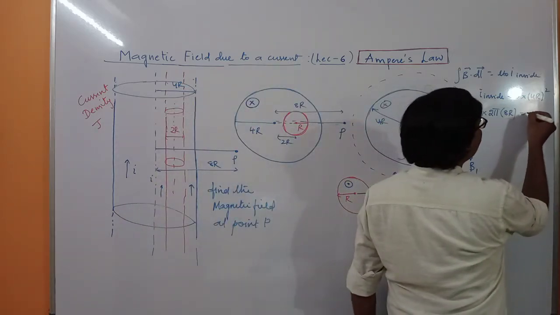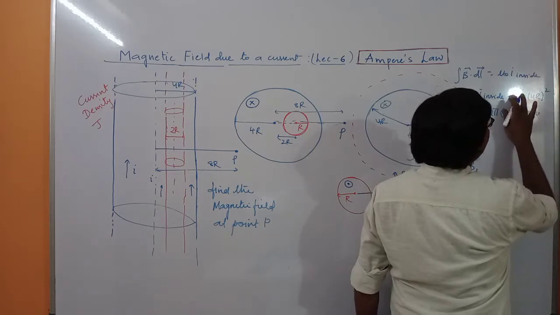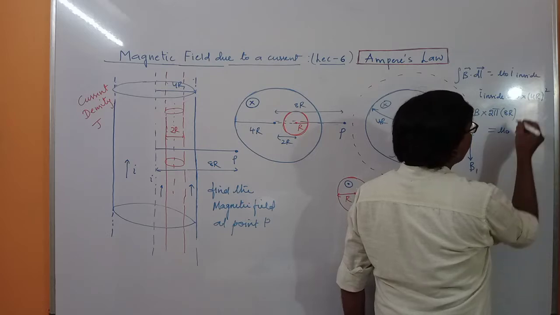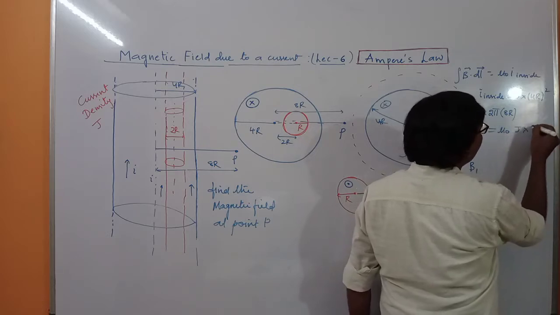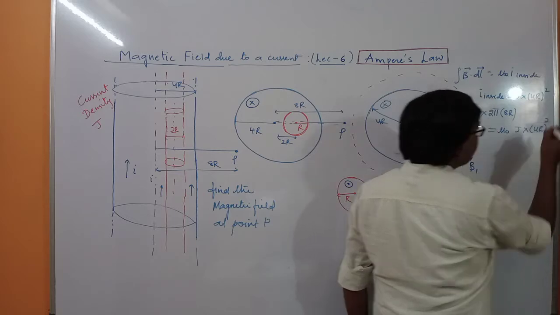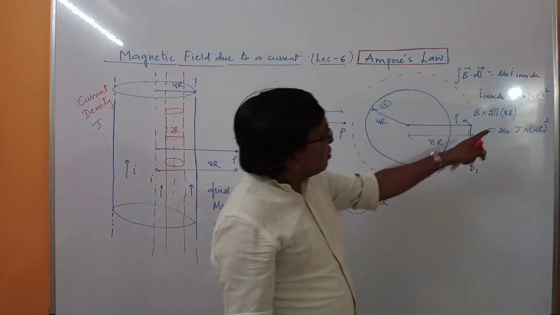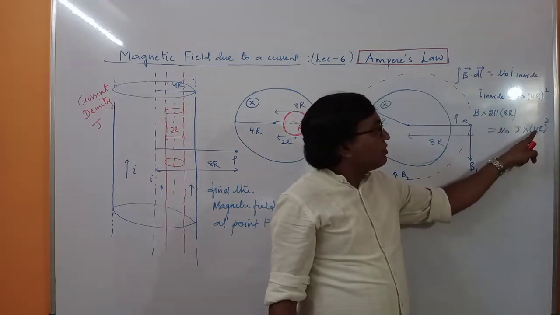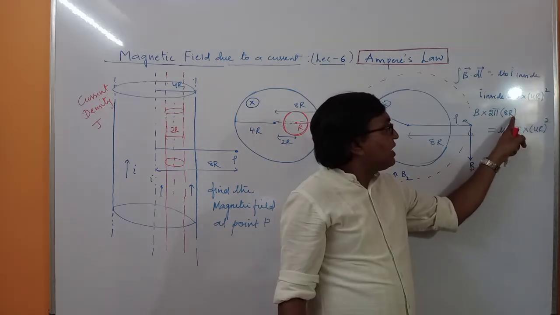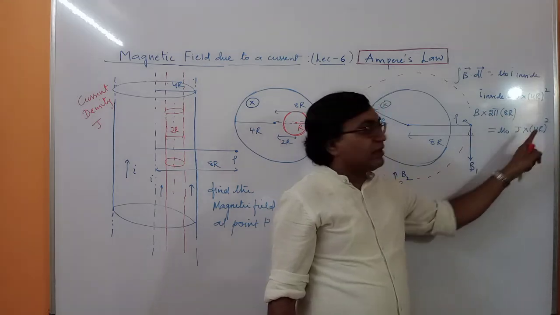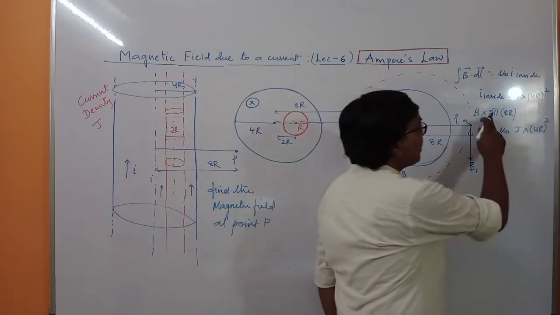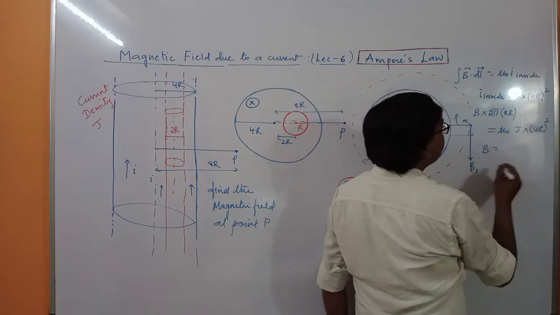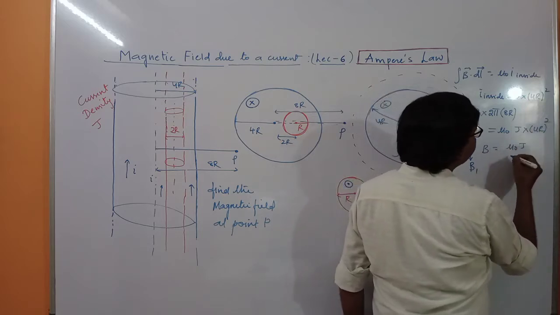That should be equal to mu naught into the current inside, which is J into 4 pi r square. So here 2 pi times 8 is 16 pi. Here we have 16 r square. So 16r and 16r square will cancel out. If you cancel 16r from here, you have mu naught J.